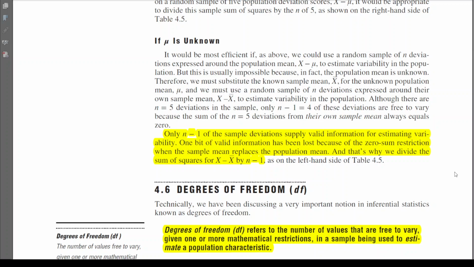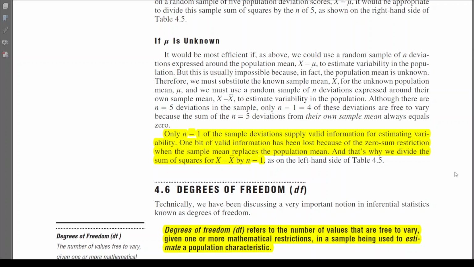Now, since most of the times we do not have the measure of the population mean, we contend with the sample mean. Since we are picking out the mean from within the sample, what will happen is the nth observation will be dependent upon the previous n minus 1 observations.